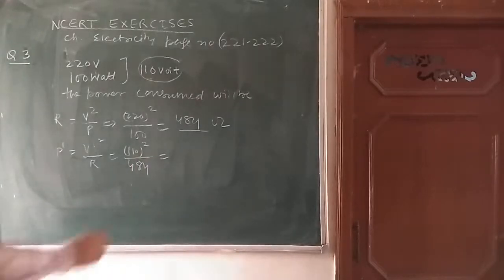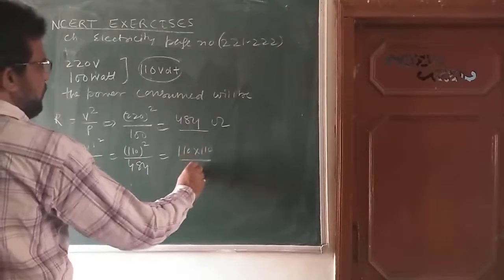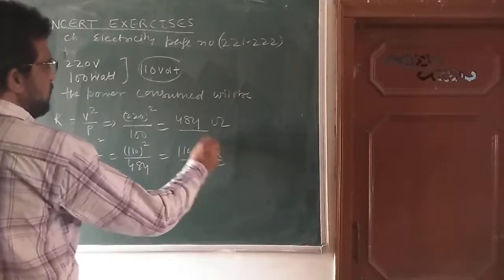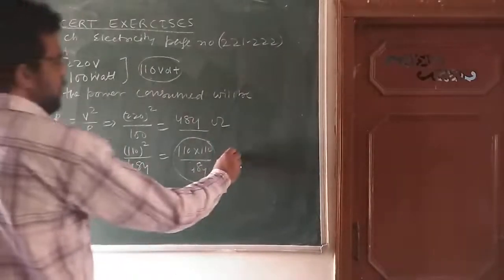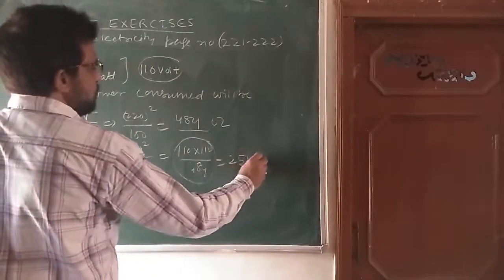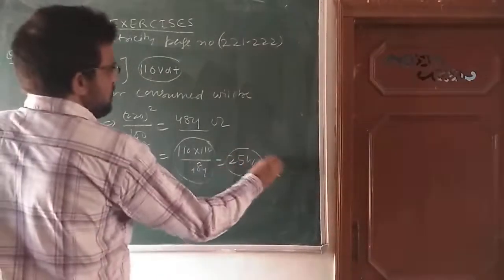Then solve it. 110 into 110 divided by 484. Solve it. Then we get an answer of 25 watt. So in our MCQ, you see option D is correct. So this is the way.